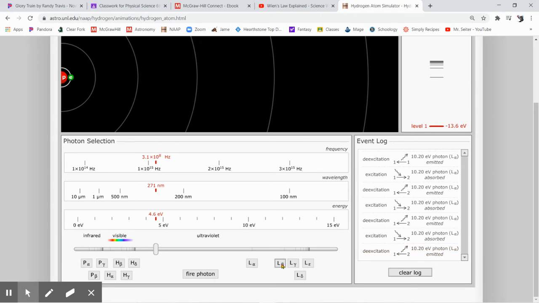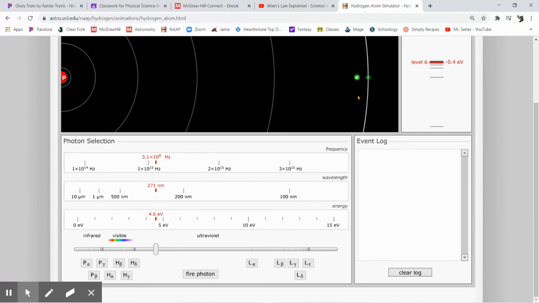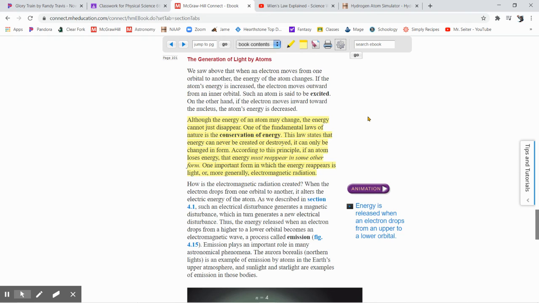All right, let's see what happens now. I'm going to go out a little bit farther. And when it drops down, it's going to give us a little bit different color light. Remember, long wavelengths, if we put it out here, our wavelengths are going to be what? A different color. They're going to be different colors because they're dropping different distances. And that's where our spectrum comes from.